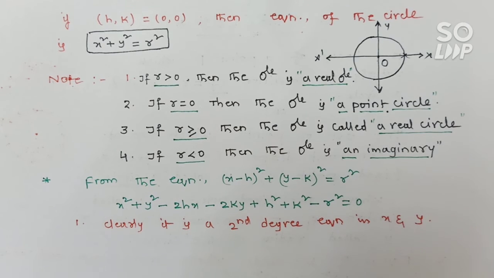Second degree equation in x and y means there are two types: one is homogeneous and the other is non-homogeneous. Now, does it represent a homogeneous or non-homogeneous equation? First of all, everybody understand the meaning of homogeneous and non-homogeneous.